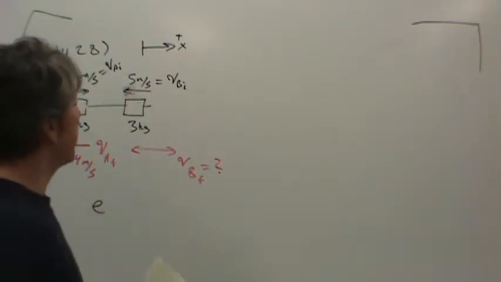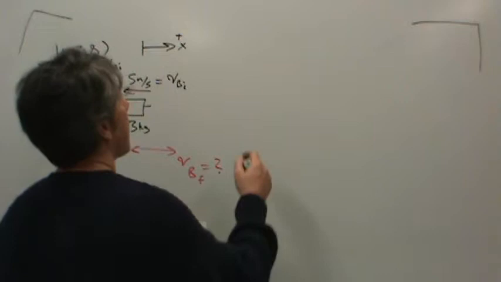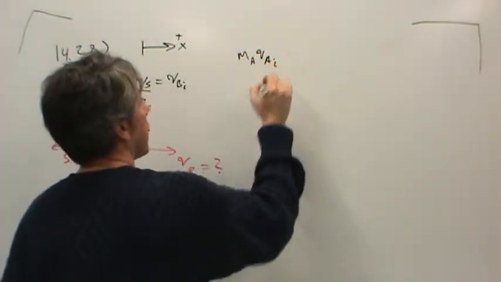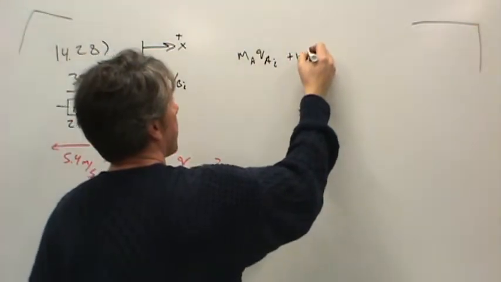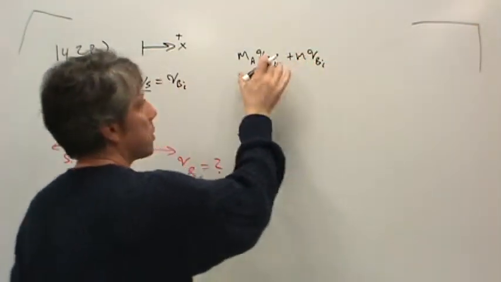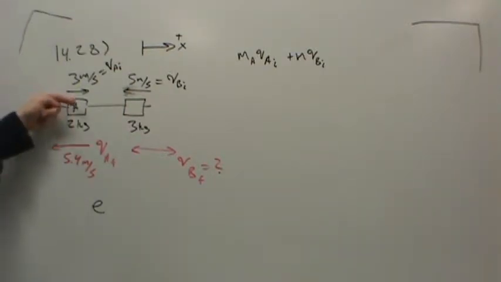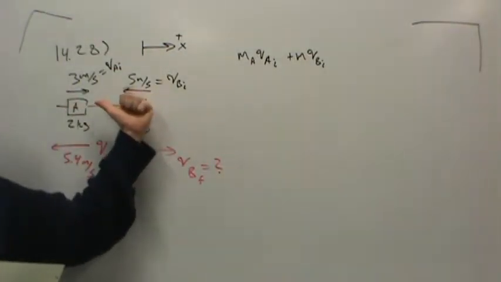And then what I can write is a momentum balance that says the mass of A times the velocity of A initial plus the mass of B times the velocity of B initial. Notice I'm just writing down the momentum of the two. Obviously, A has positive momentum and B has negative momentum.